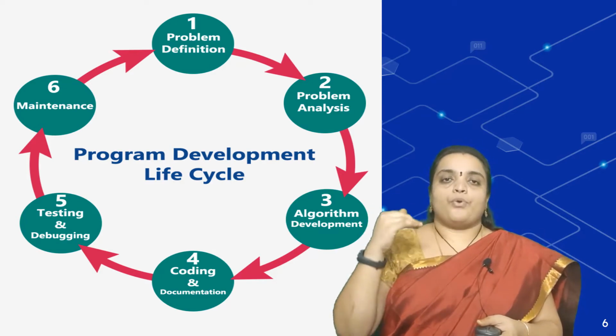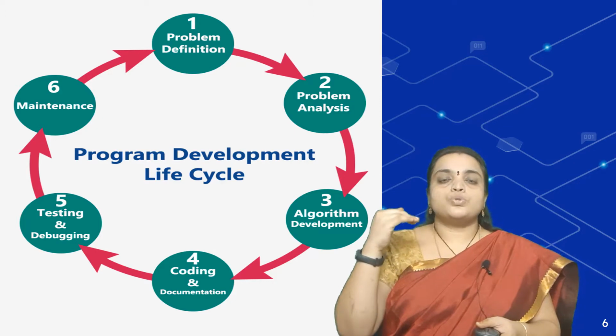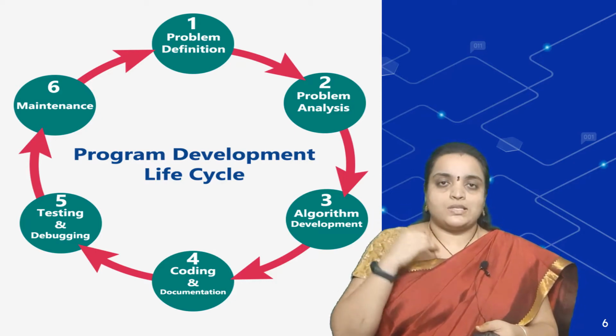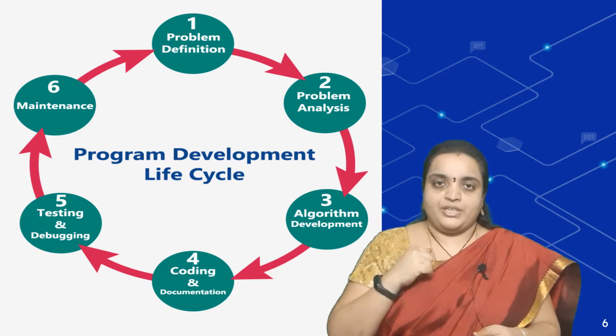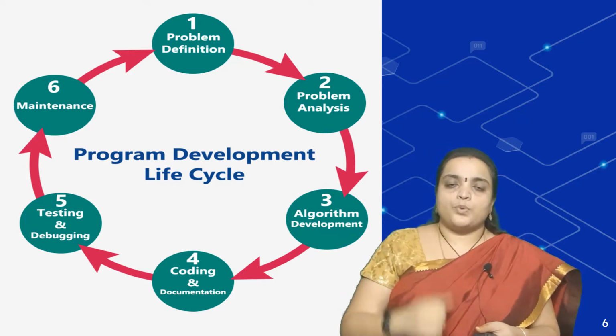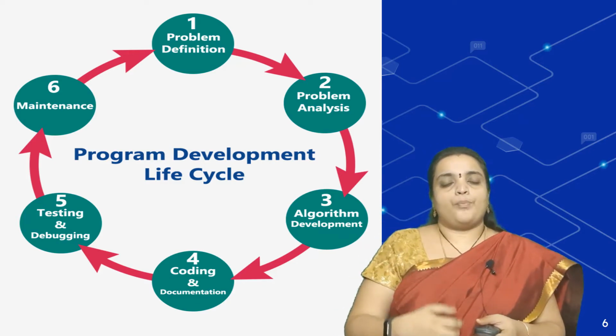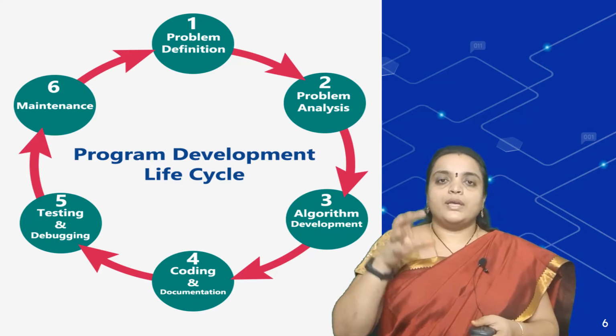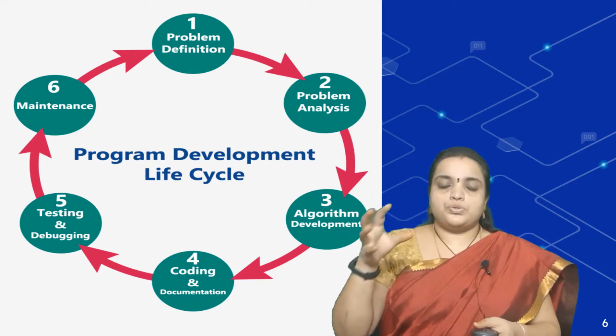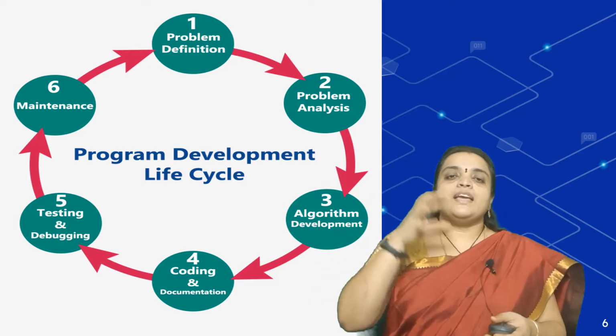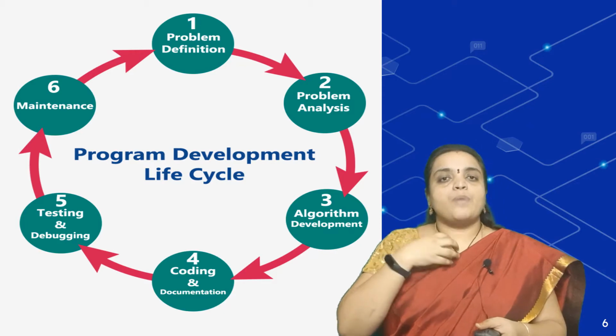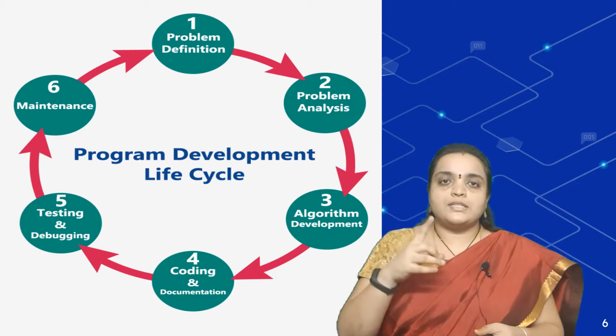Let us take a problem to solve an attendance system of our department. How will you solve this problem? First you will note down the problem. I have to give attendance to all the students in our department each and every day. It is my problem definition. That is the first step.